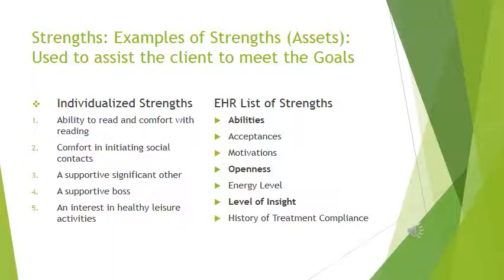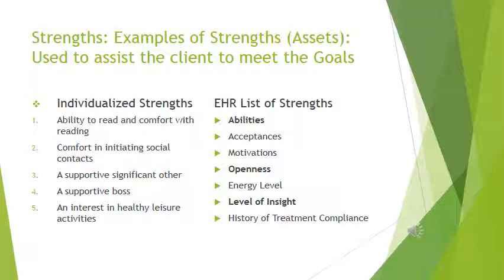You have to take the client's words that are listed, the example on the left, in the left-hand column, and then pick a category that closely meets the client's strengths, and then print out in the description of that strength category, the client's individualized strength.